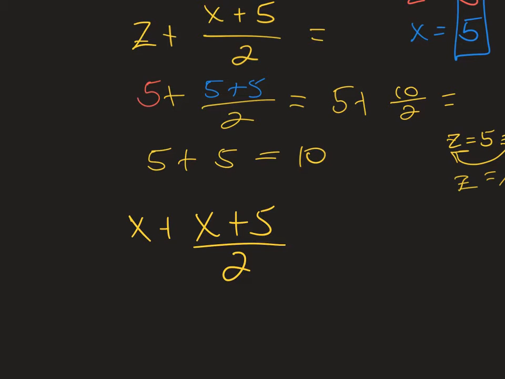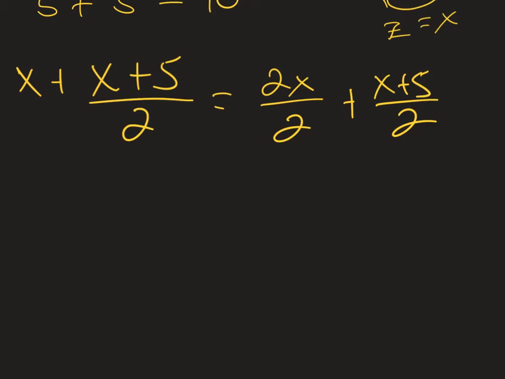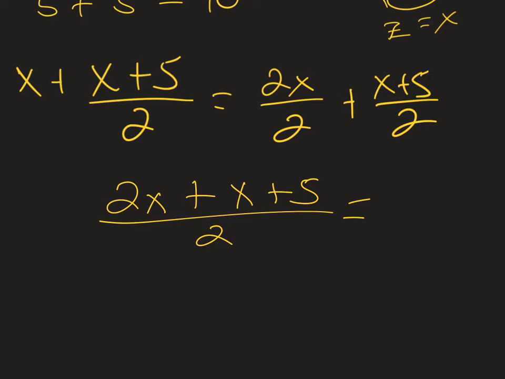And how do you get this over 2? I could rewrite it as 2x over 2 plus (x plus 5) over 2, which in reality is 2x plus x plus 5 over 2, which equals 3x plus 5 over 2.